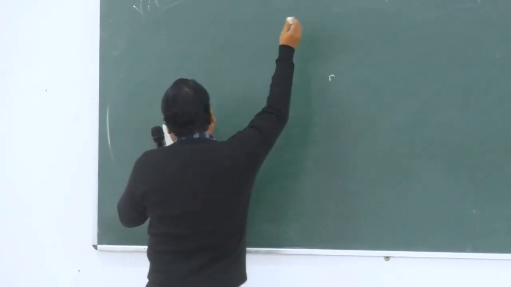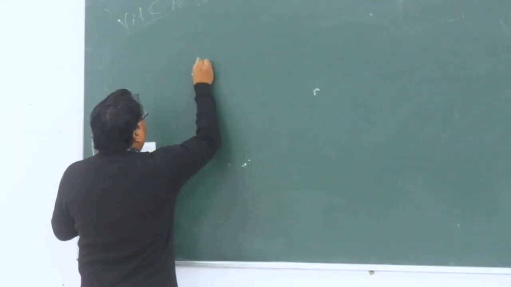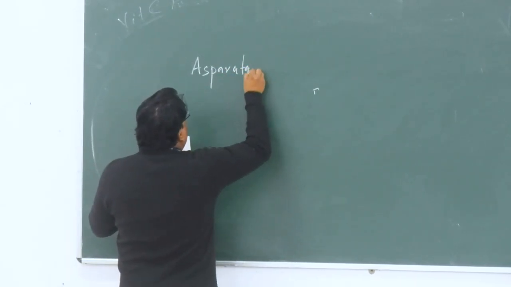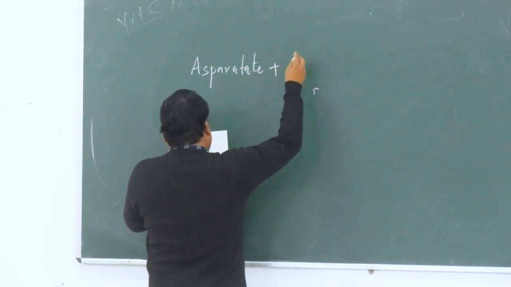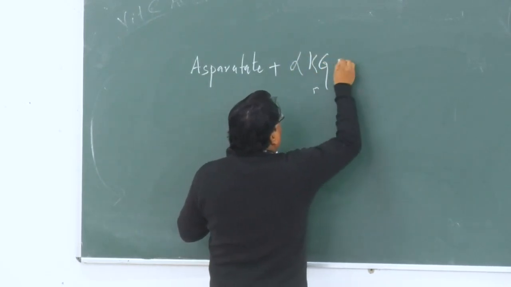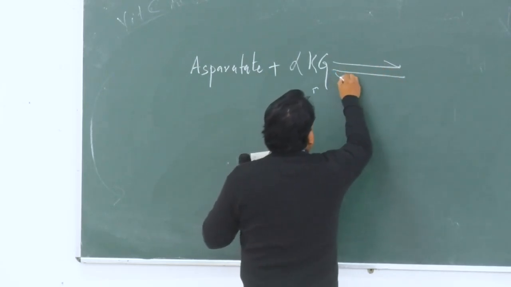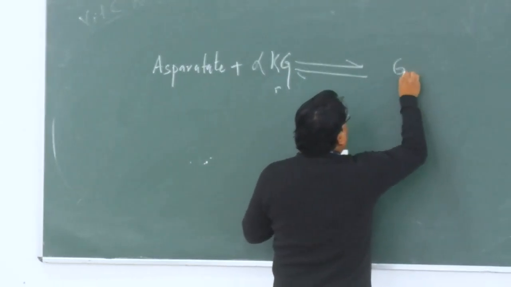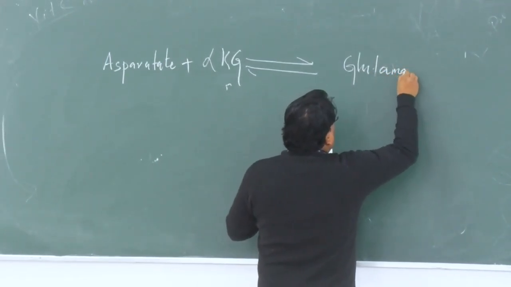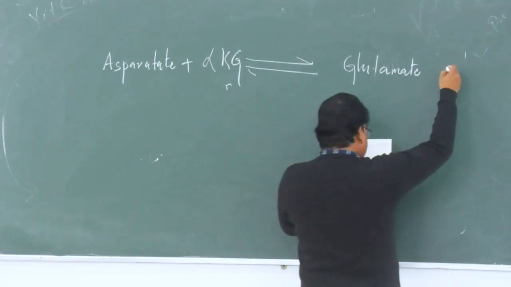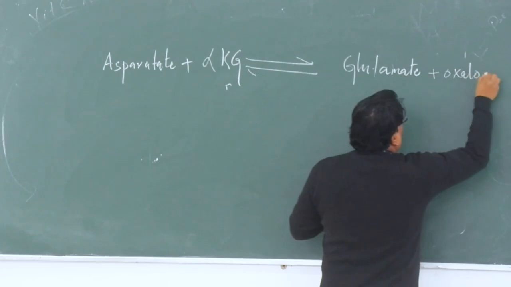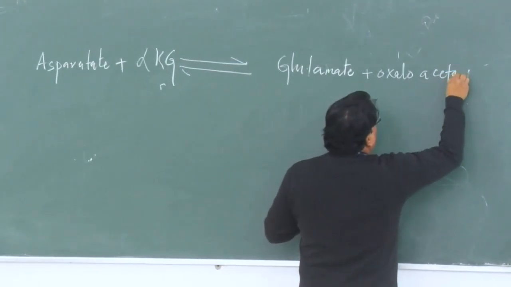The first one forms glutamate plus oxaloacetate.